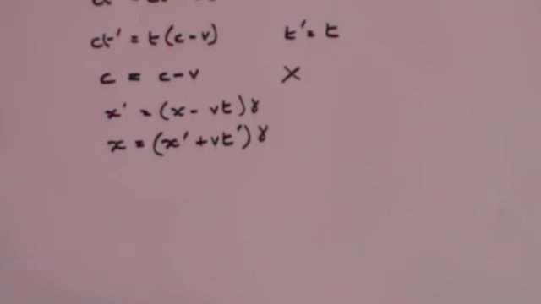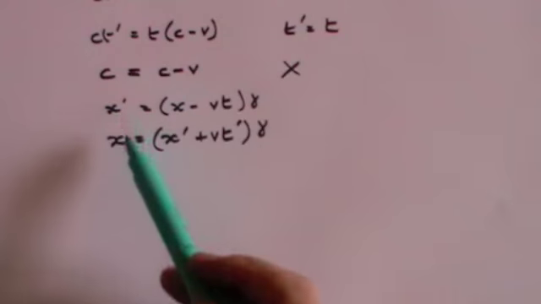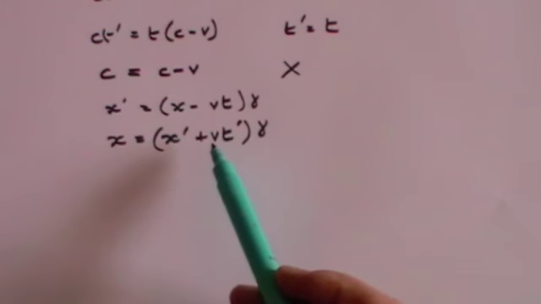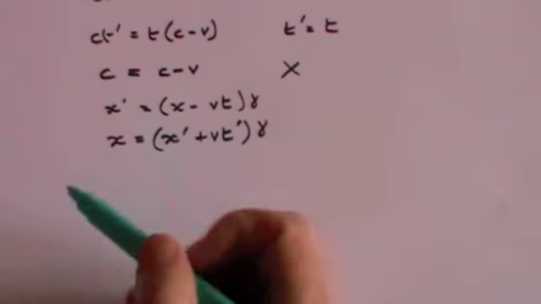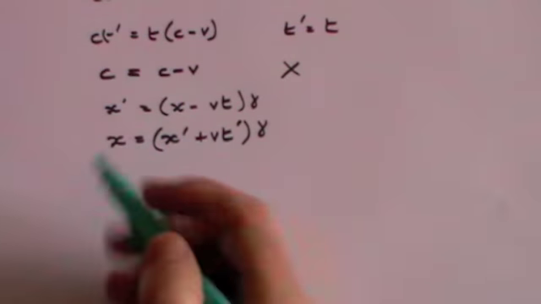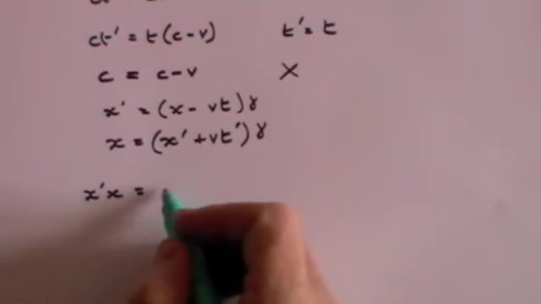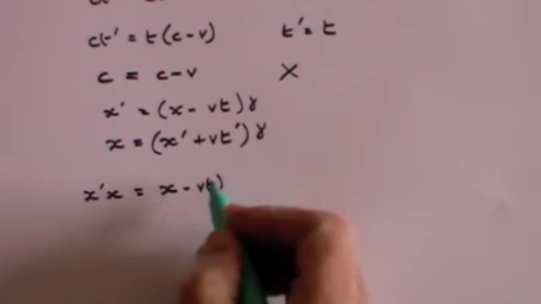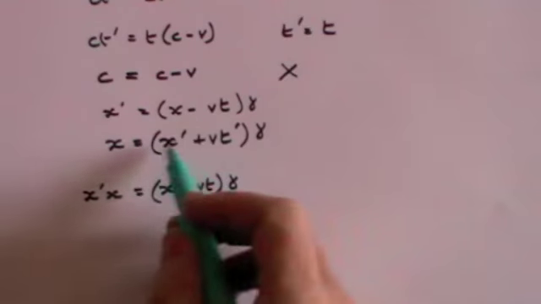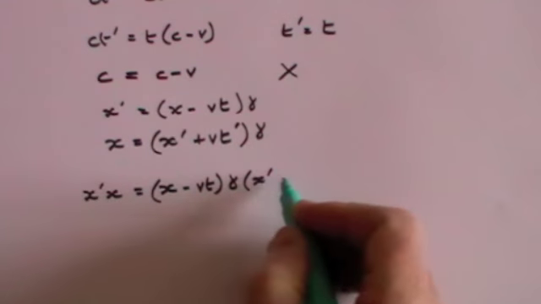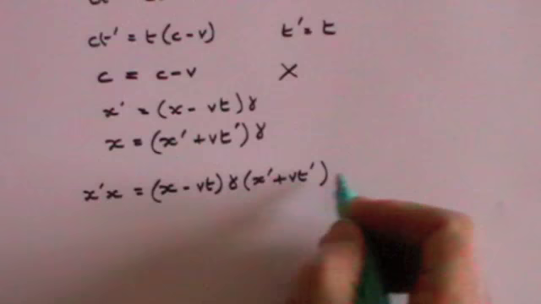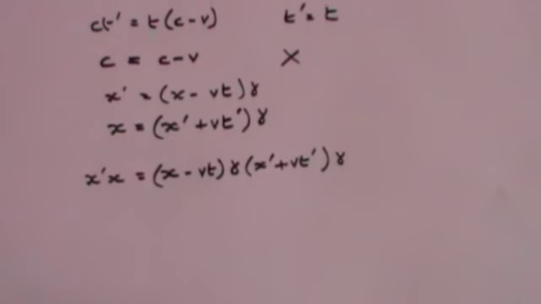To work out what gamma is, we're going to multiply both sides of these equations together. So we're going to have x prime times x is equal to this term times this term, which is x minus vt times gamma times x prime plus vt prime times gamma.